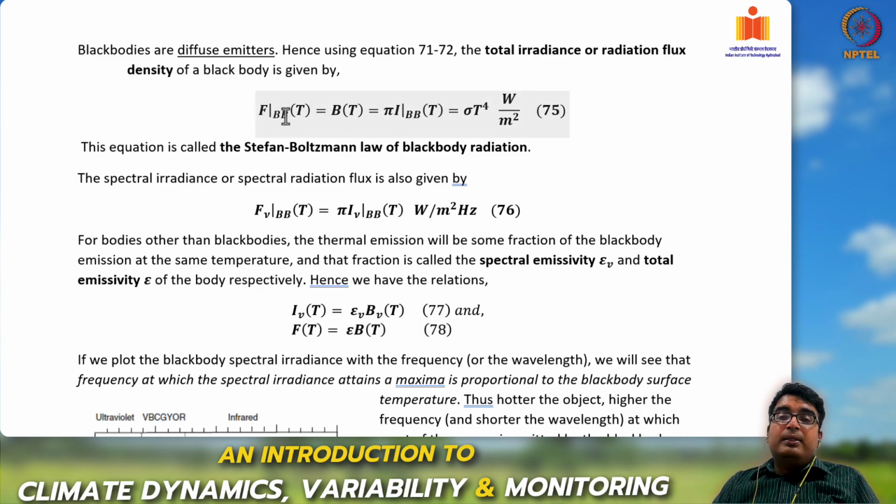Now we can plot this F nu BB T term, the spectral radiation flux density term in watt per meter square hertz, in terms of the frequency. Alternatively, since frequency and wavelength are inversely proportional, we can also write this in terms of the wavelength lambda.